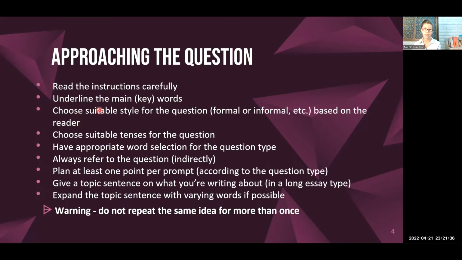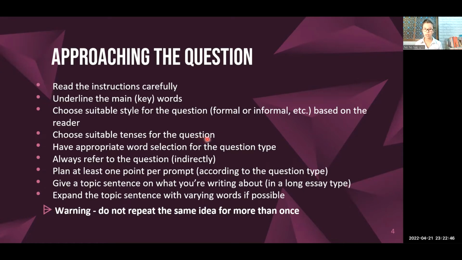And then here it says suitable style for the question, formal or informal, based on the reader. So we've done that. Another thing here is to choose suitable tenses for the question.